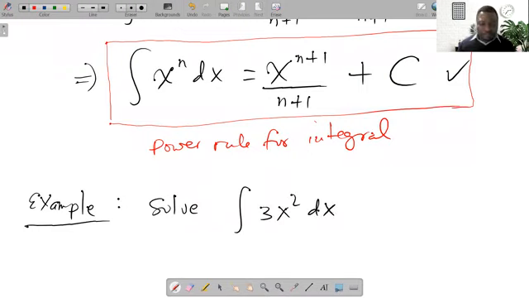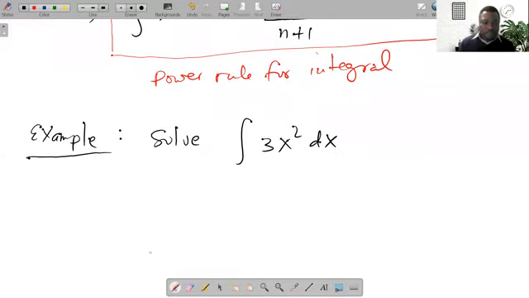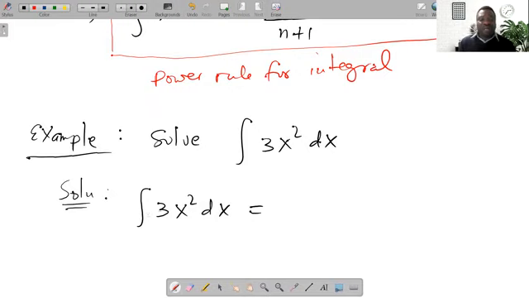Something like that. All that you're going to do is you now understand 2 rules. This here, you can apply the first rule with it, where the coefficient there can come outside of your integral. So that first off will look like this.